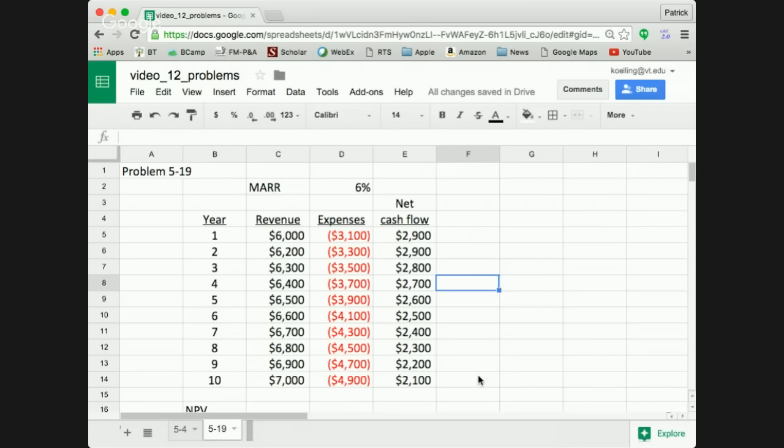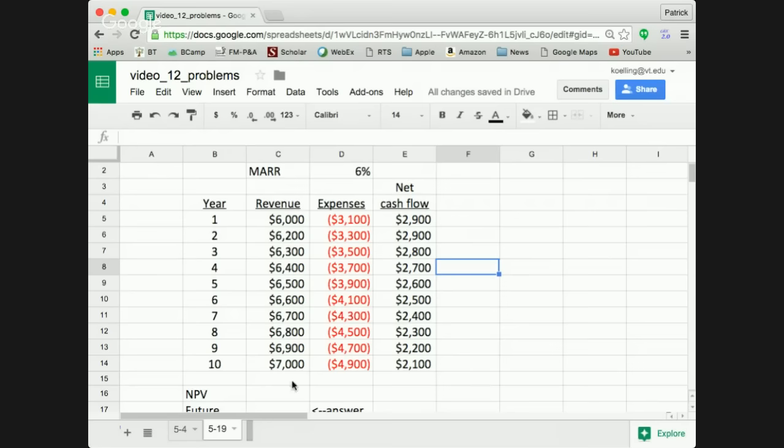I'm going to use the NPV function because, to find a future worth, since there's no net future value equivalent function, we will use the NPV function. I'm going to put it right here. Notice that the first cash flow begins at the end of year 1. So when I find the net present value, it actually will be at time 0.